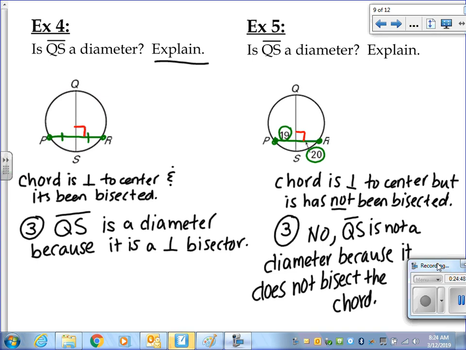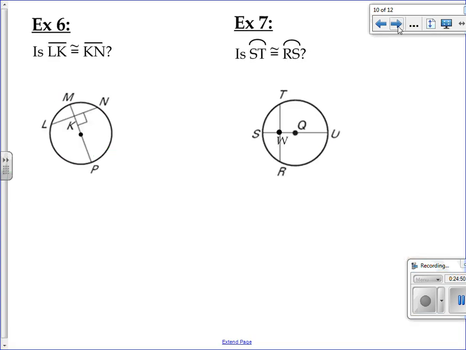Okay, moving on to the next example, example 6. We're trying to figure out, is LK, which is this little half of the chord here, congruent to the other part, KN? So again, let's analyze what we have. So I have a chord LN. It is perpendicular to the center.